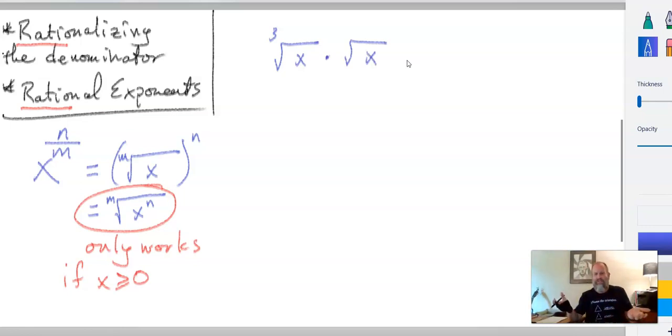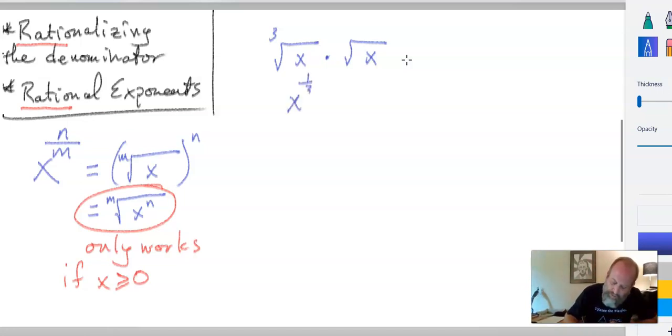Under normal conditions, when the indices of the roots match each other, you can just multiply the radicands. It would just be x times x, you make an x squared. But these don't have the same index. So what you end up doing is this.